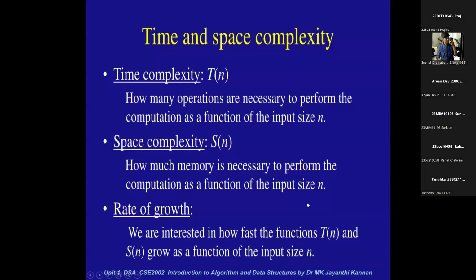As we discussed, time complexity is how many operations are necessary to perform the computation as a function of the input size n. So how much time we need to complete the task for the given input of size n.